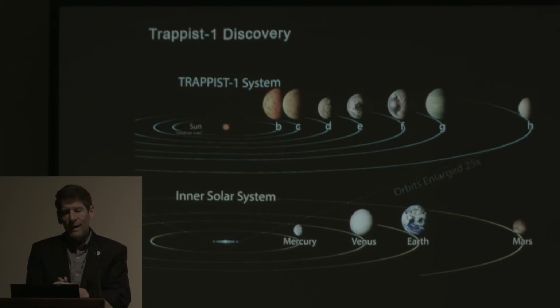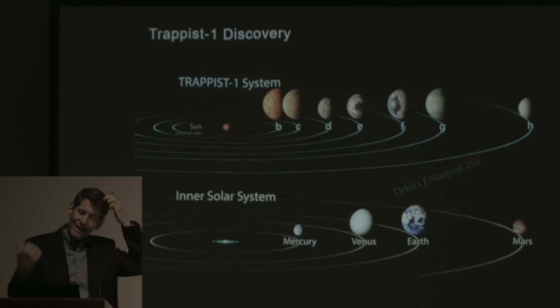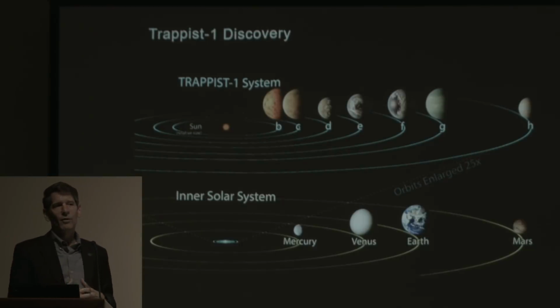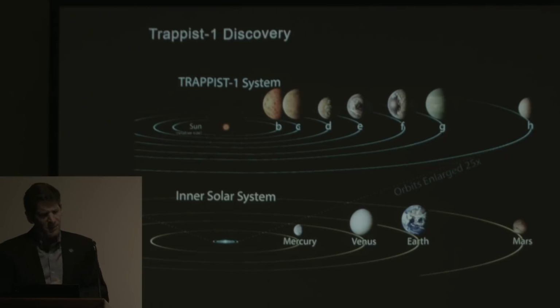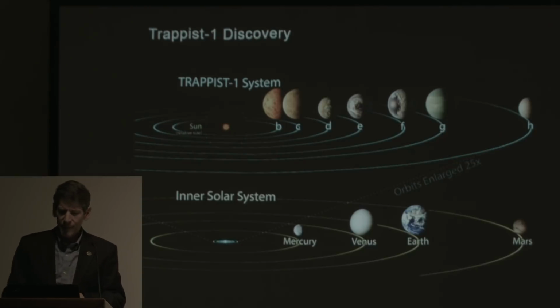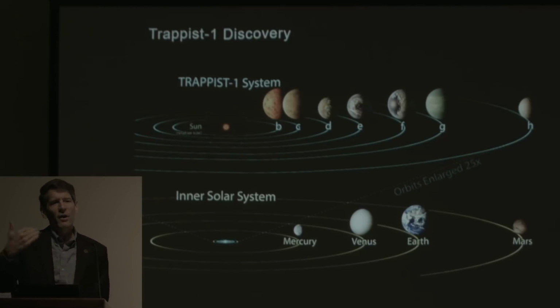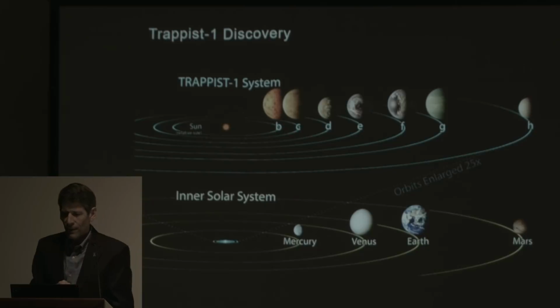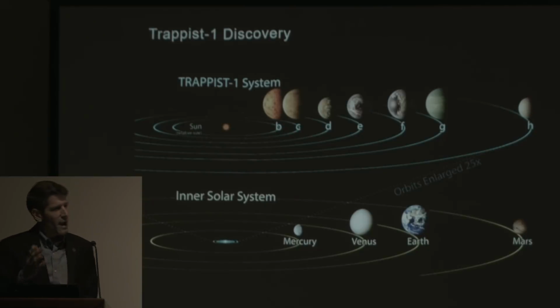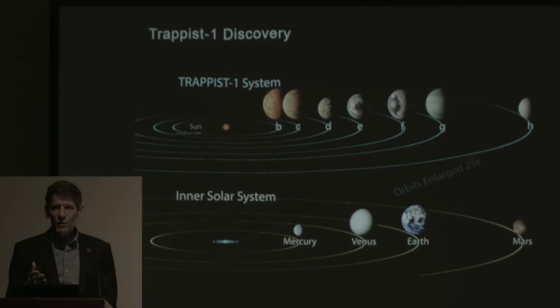You can see the TRAPPIST system compared to our solar system, so you see that the entire system would fit well inside the orbit of Mercury, much, much smaller than the orbit of Mercury. And further, these planets are tidally locked. They orbit so close to the star, they always show the same face to that star. But these systems are not unique or unusual, but are proving to be common.